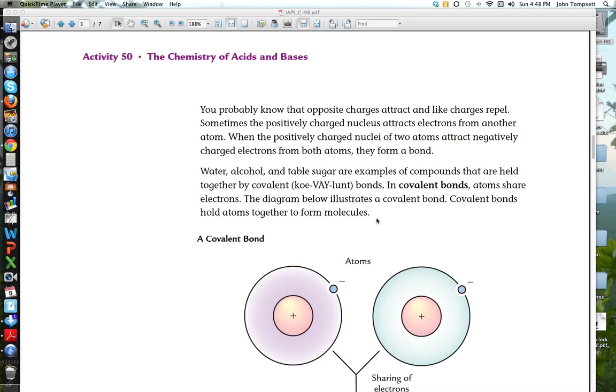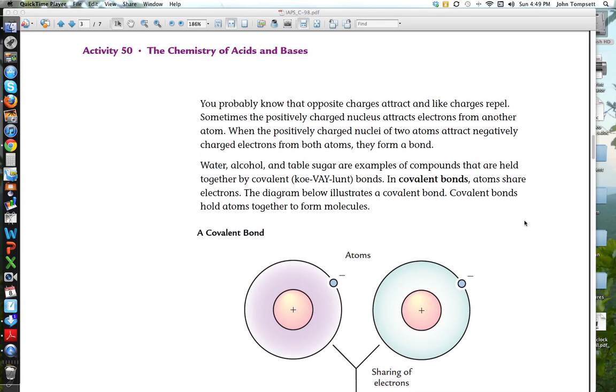Water, alcohol, and table sugar are examples of compounds that are held together by covalent bonds. In covalent bonds, atoms share electrons. The diagram below illustrates a covalent bond.